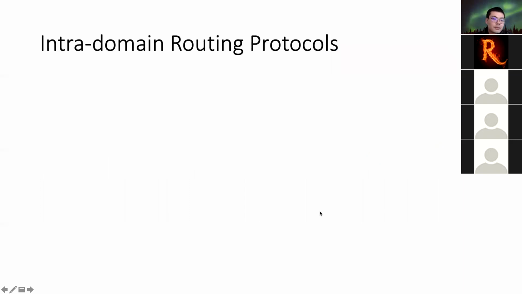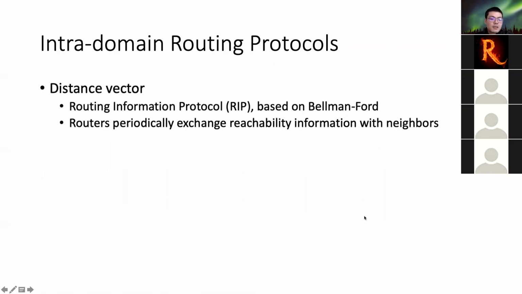This comes to our intra-domain routing protocol within an AS. As we said, there are 2 protocols. The first protocol is called RIP, and it uses the Bellman-Ford algorithm for all-pair shortest path computation. It uses the so-called distance vector method.